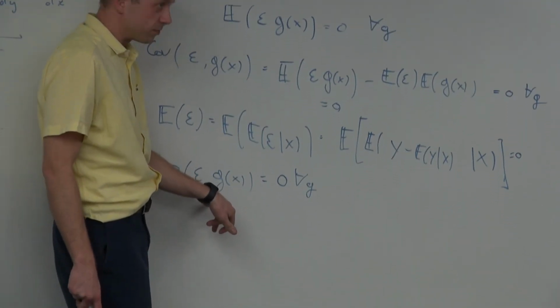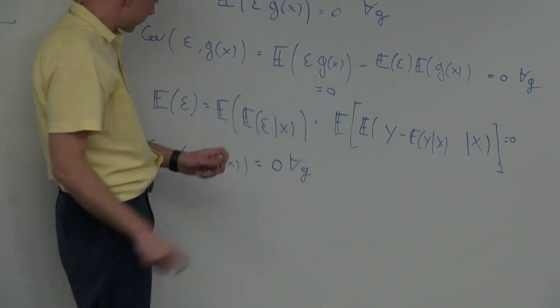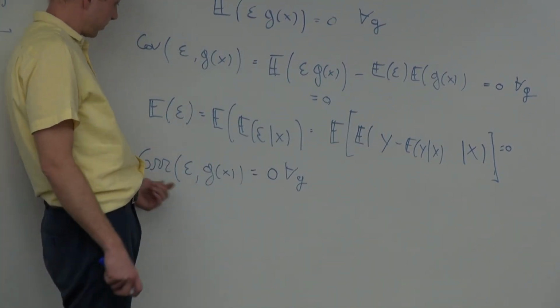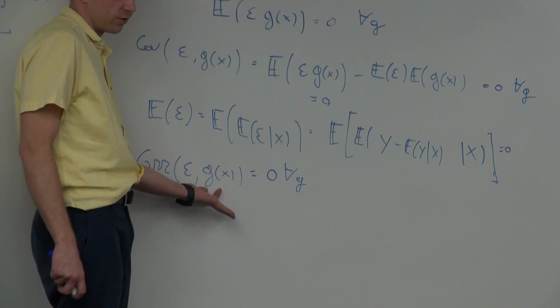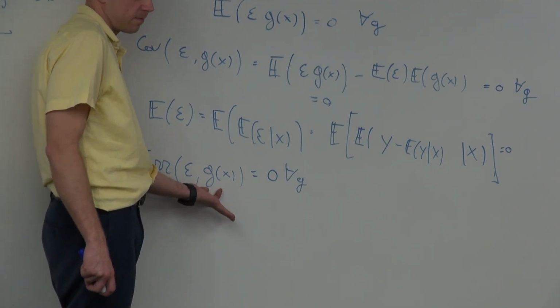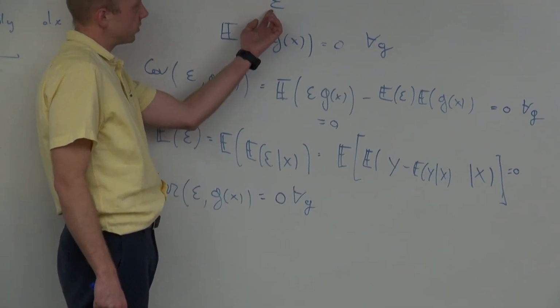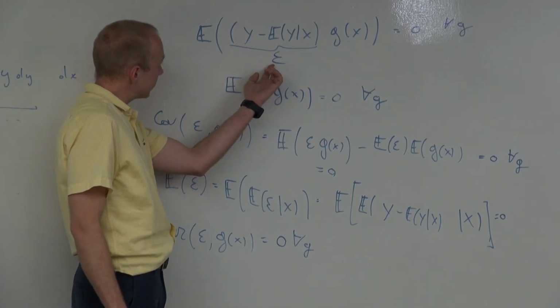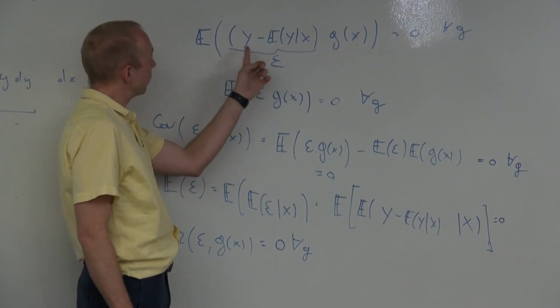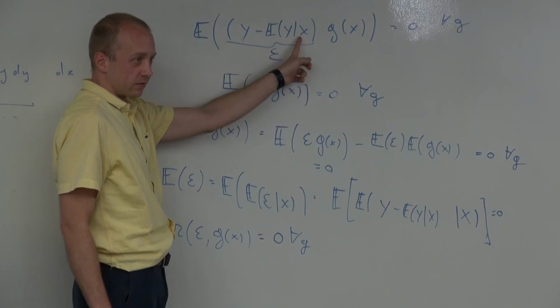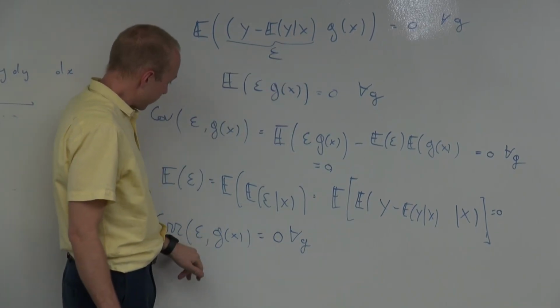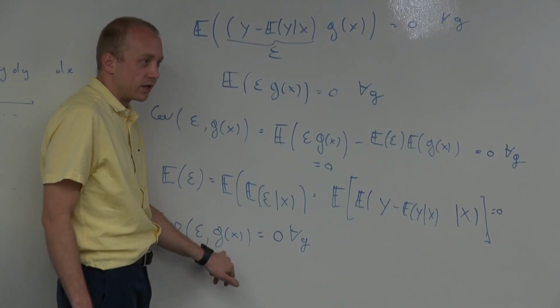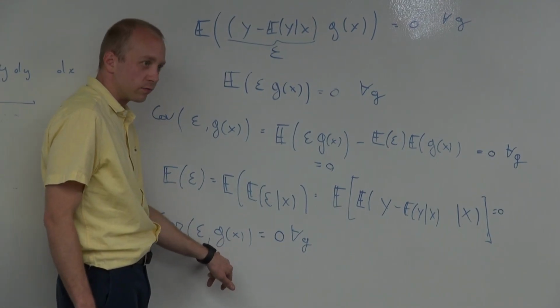In any possible way you can transform x, you cannot find a correlation. The correlation simply doesn't exist. So the conditional expectation is the best approximation you can make of y when you only have x. Whatever is left over cannot be explained by x in any other form.